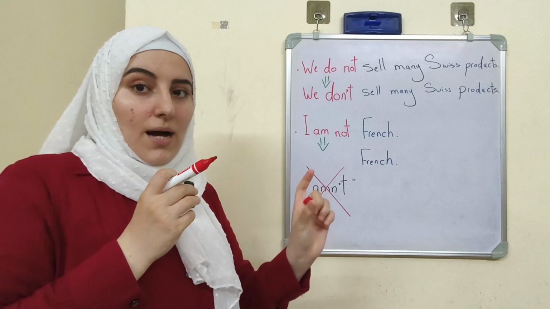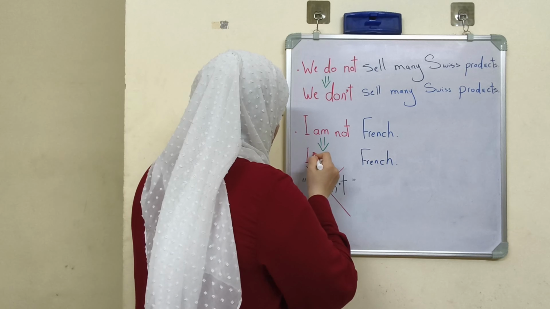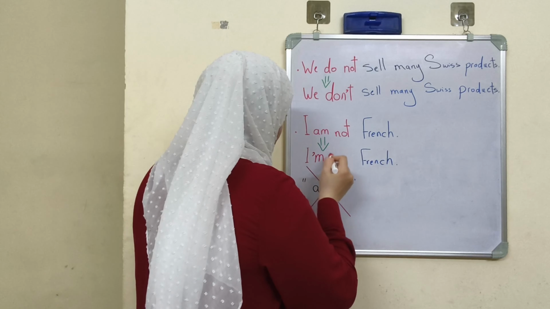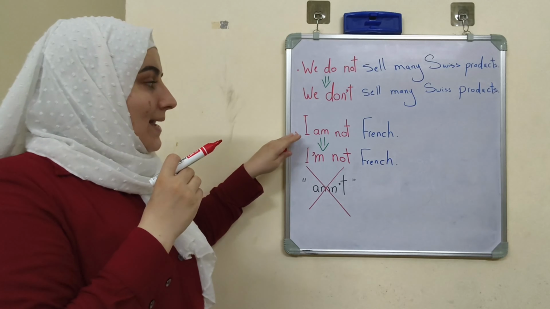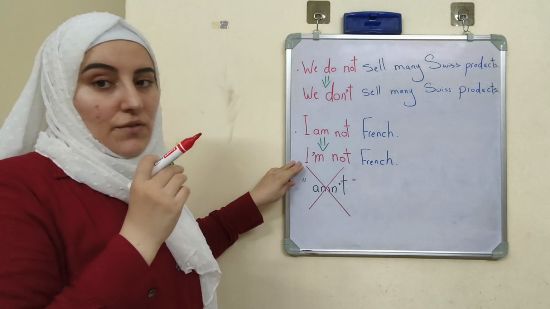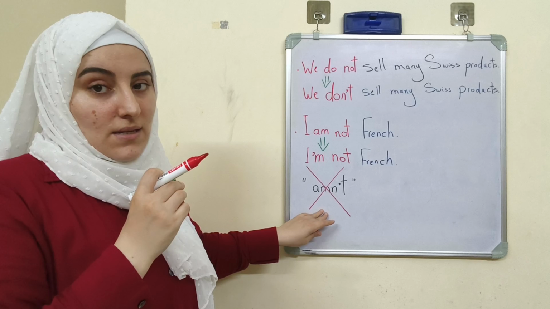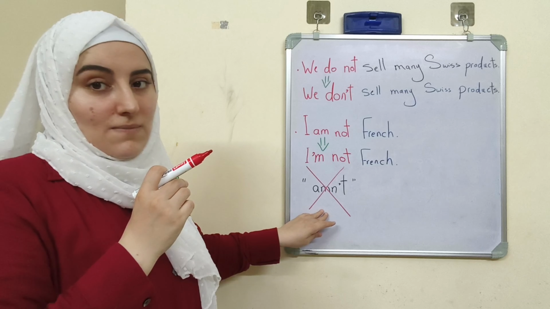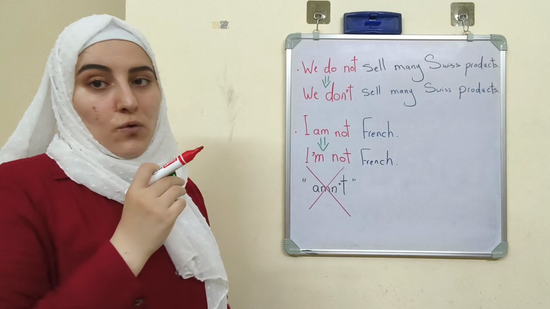We have to contract I with am: I apostrophe M, not. So I am not French becomes I'm not French. We don't say amn't. This is a wrong way. I'm not is the correct form.